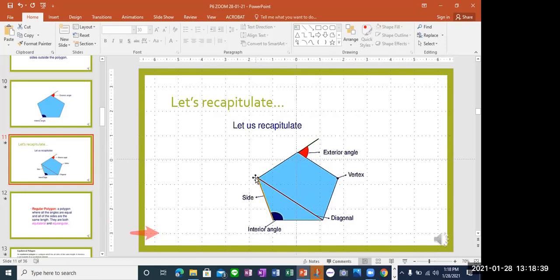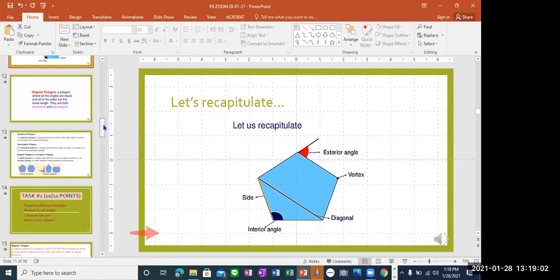The diagonal is a line that runs from one vertex through the opposite vertex. So in this case, there is a triangle formed or created. Now let's see.